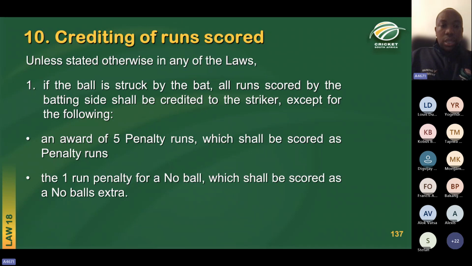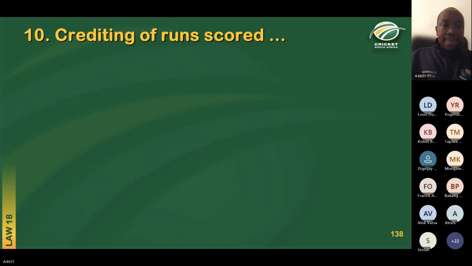And of course, the no ball is also recorded as extras and doesn't get credited to the batter. If the batter scores runs off a no ball, then it is 1 run for the no ball, which is recorded under extras, and whatever runs are run off the bat will be credited to the striker.